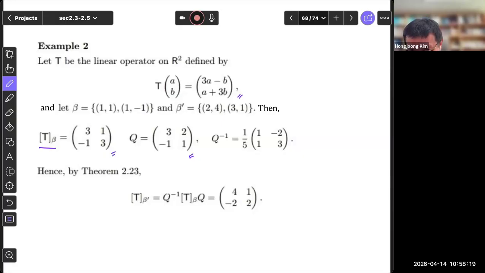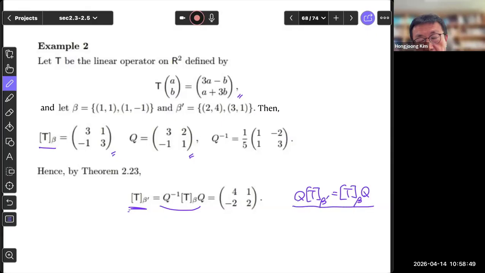And given this Q and Q inverse, this matrix can be obtained by multiplying these three. But more importantly, you want to consider Q. So probably you will use this idea to get the image vector with respect to a specific basis.